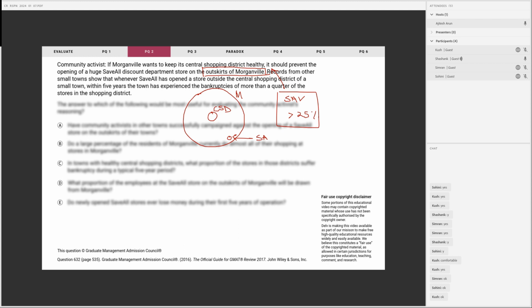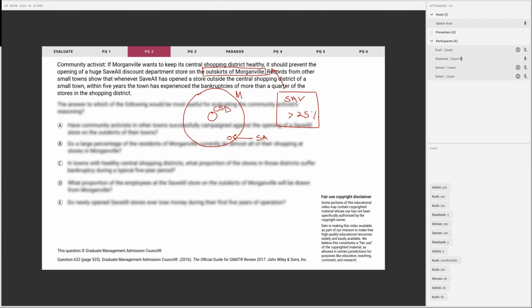That opening something on the outskirts of Morganville is not the same as opening a store outside the central shopping district. It could just be right outside the central shopping district, or it could be really farther away, like for example, the outskirts. So I don't think the proximity is exchangeable here, right? If you kind of understand what I'm trying to say.